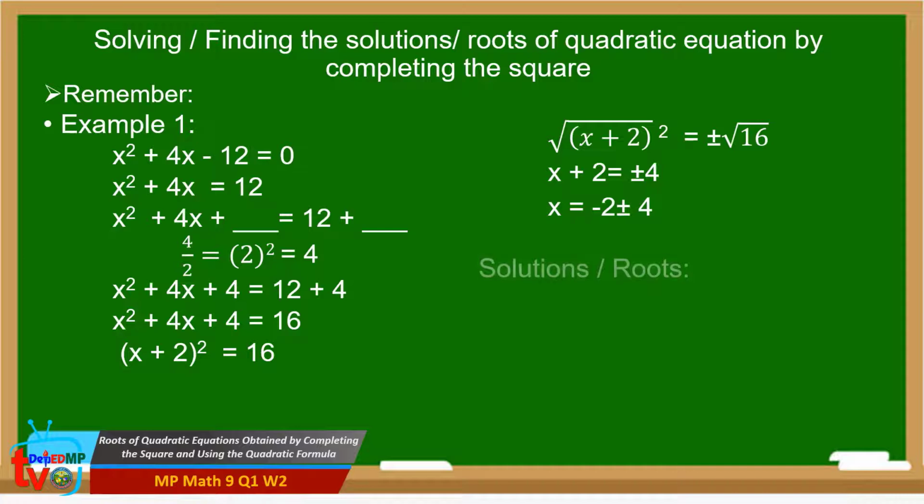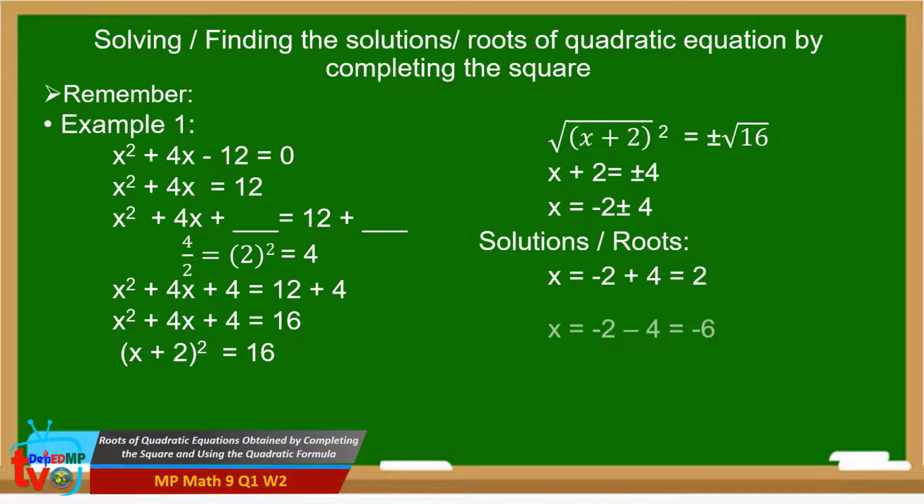From here, we find the solutions or roots by separating the plus and minus sign, as x is equal to negative 2 plus 4. Simplify by adding negative 2 and 4 is positive 2.